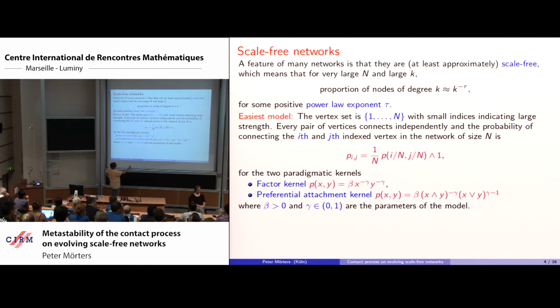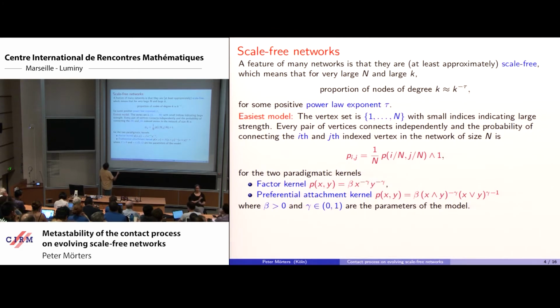So the dominant structure here is that in these models, the probability of connecting the ith most powerful and the jth most powerful vertex is given by the product of a feature of one vertex and the other vertex. So there is this product structure in here that's characteristic.